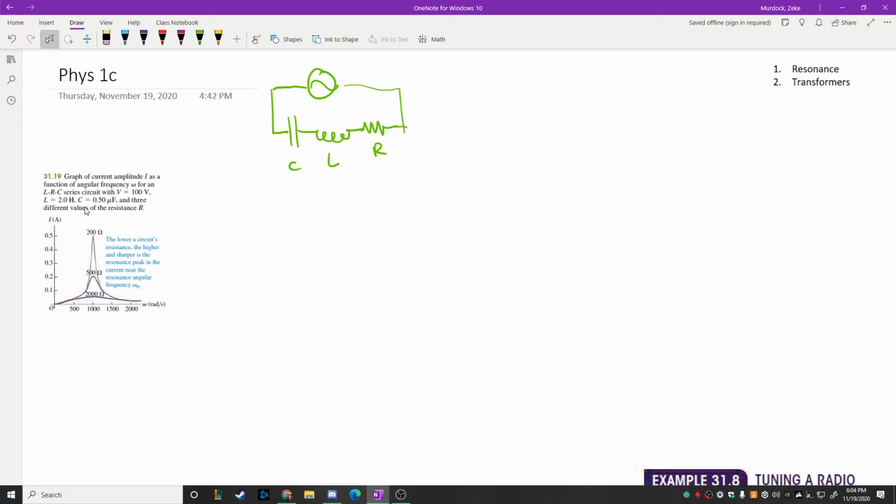And we learned about some quantities that you can understand from this. For example, we learned about the relationship between the voltage and the current, which is done through something called the impedance, which is represented by Z. And Z is equal to this.